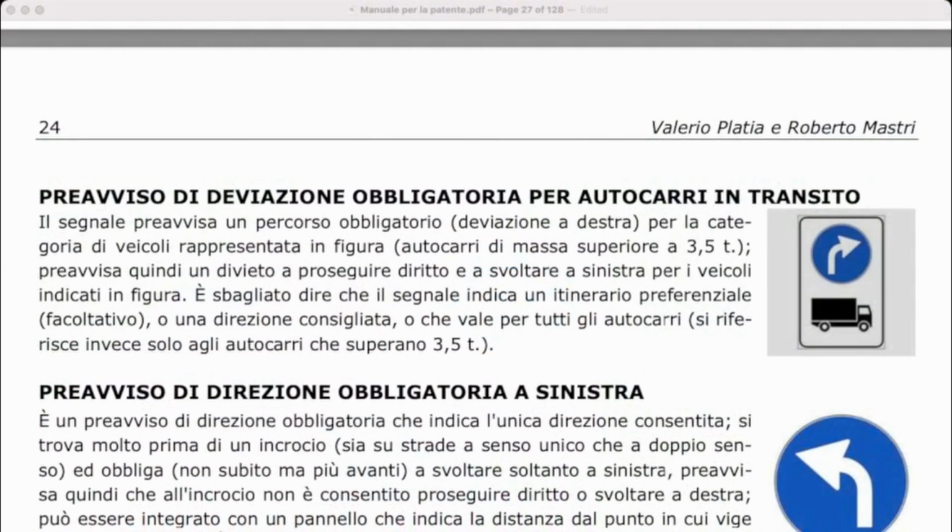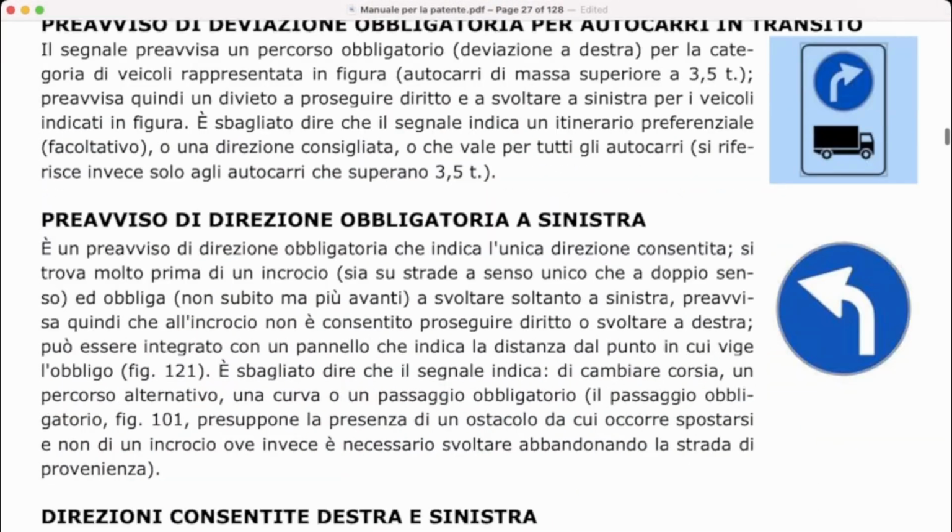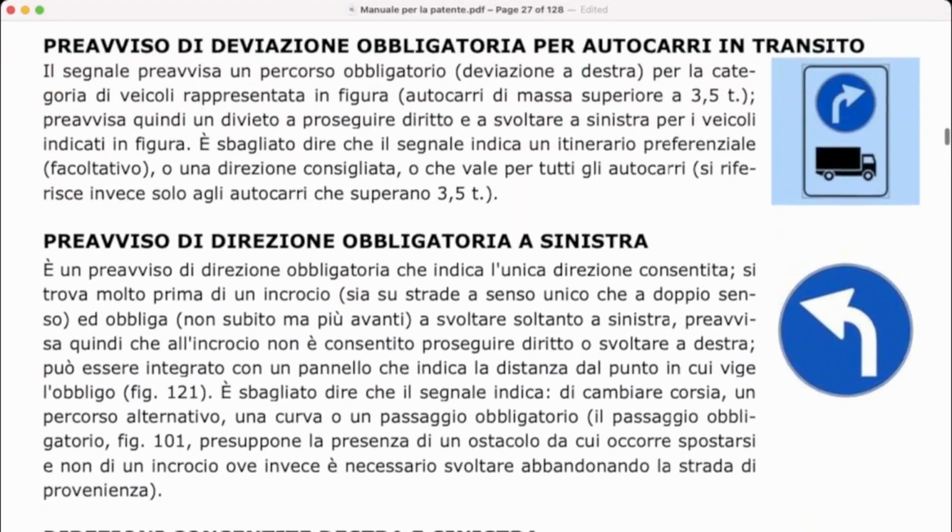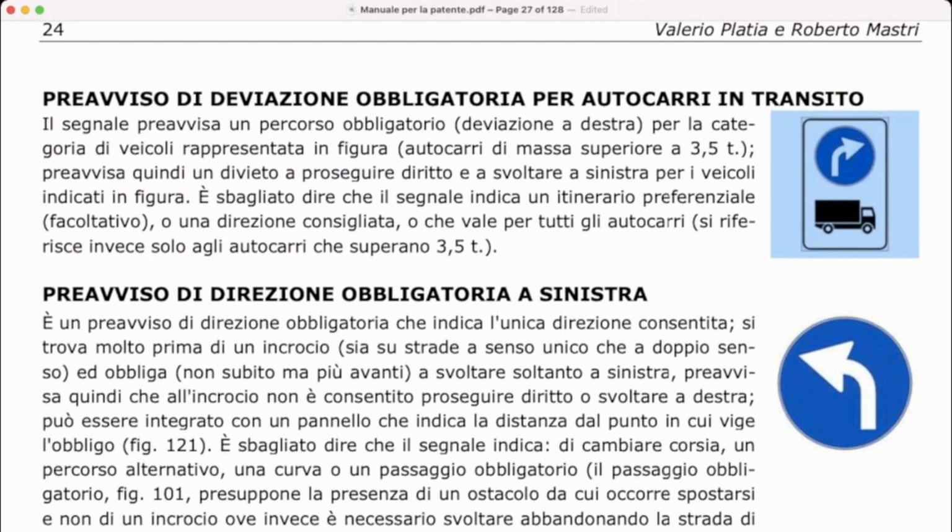All right, so let's look at one other thing, and the final thing, which is preavviso di direzione obbligatoria a sinistra. So this is the opposite of what we spoke about before. Okay, so if it is not destra, like we said, it's sinistra. So è un preavviso di direzione obbligatoria che indica l'unica direzione consentita. Okay, so it means that ahead of us we need to go.